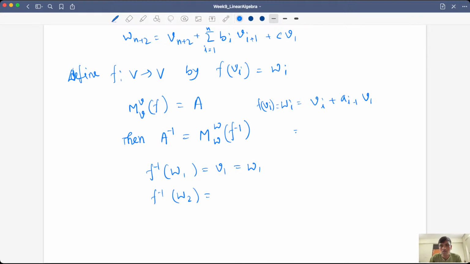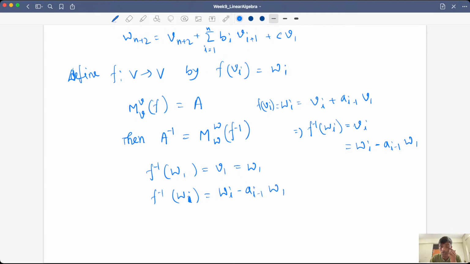That means f inverse of wi equal to vi, but vi again is wi minus ai minus 1 of v1, but v1 is w1. So similarly I just write vi equal to wi minus ai minus 1 of w1.